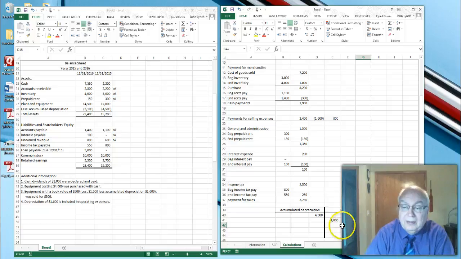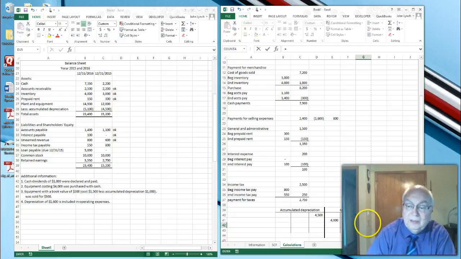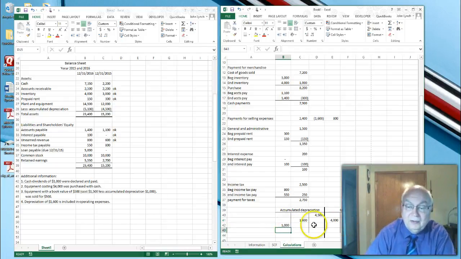And then it said we sold 1,500. I always like doing this to make sure everything balances. So we take this one, the 16,000 minus the 1,500 gives us 14,500. And over here it said our accumulated depreciation for the year was 1,600, and we sold $1,000.